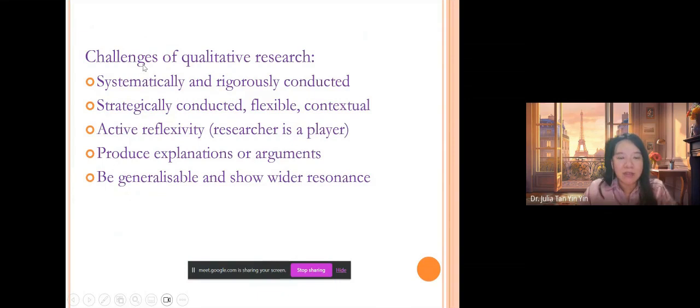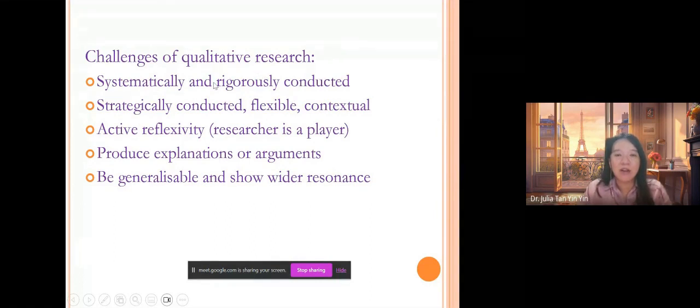What are the challenges of qualitative research? Being rigorously conducted is very huge. It's like many people, you need to transcribe their interview text. It's hard work, because if you interview one person for 1 hour, you have 7 to 10 pages of text.